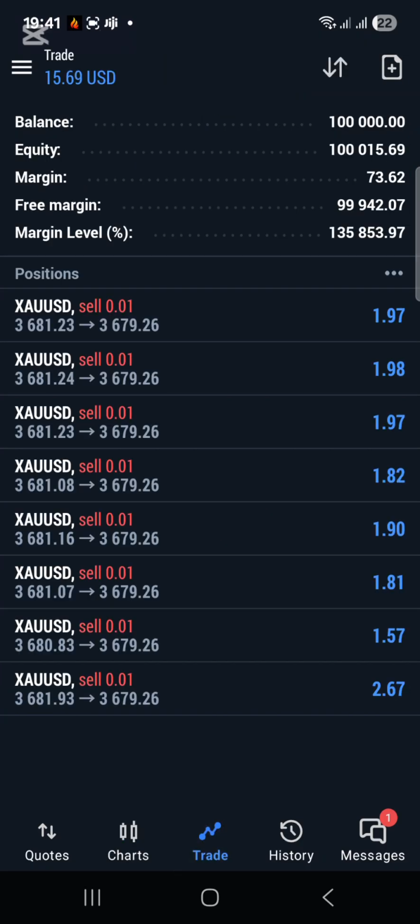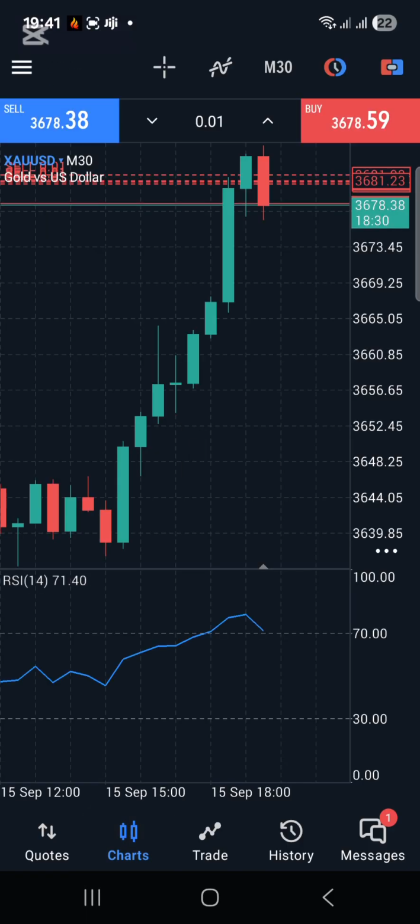You click on trade and boom, you can see we are in profit, but we still got time to give it. As you can see here, our RSI is at 70.96. Market moves up and down, so don't worry yourself. Just give it time and trust the process.